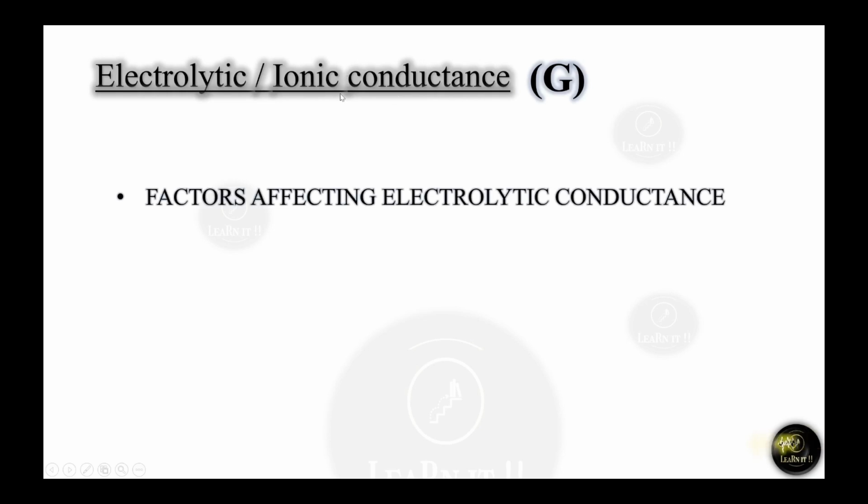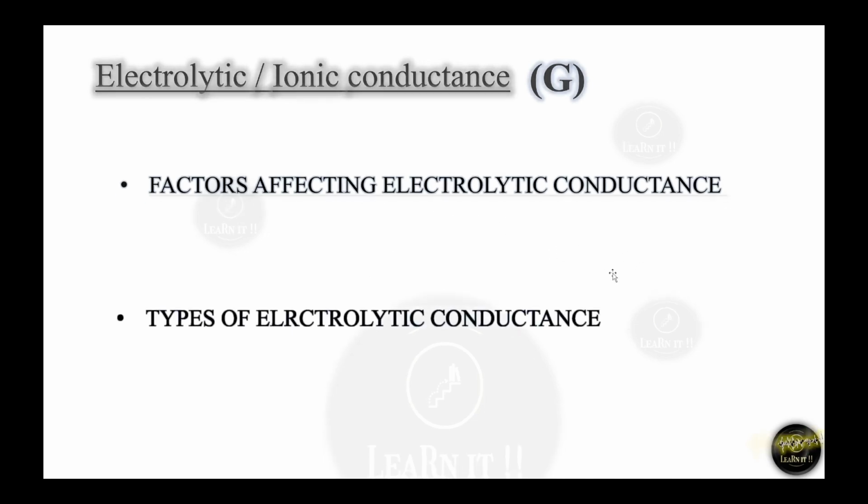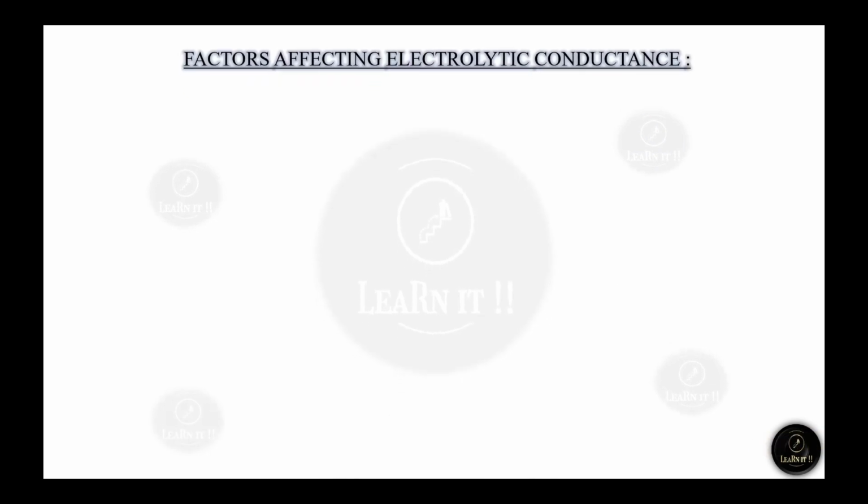We have already seen the definition. What are the different factors affecting the electrolytic conductance? Next comes the types of electrolytic conductance. First is the factors affecting the electrolytic conductance. There are 5 factors.